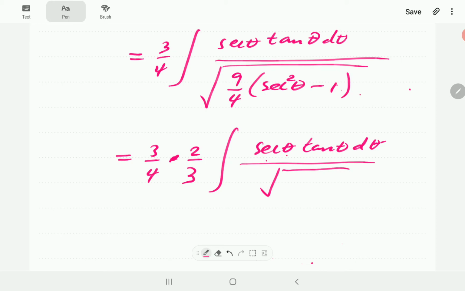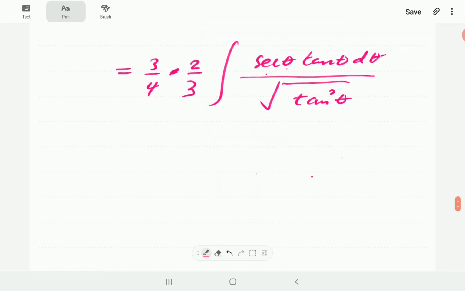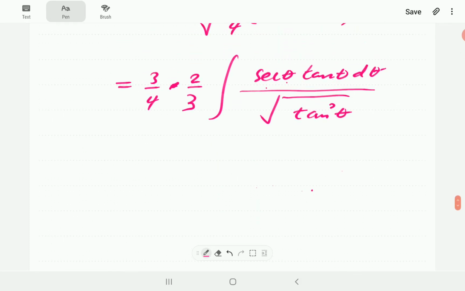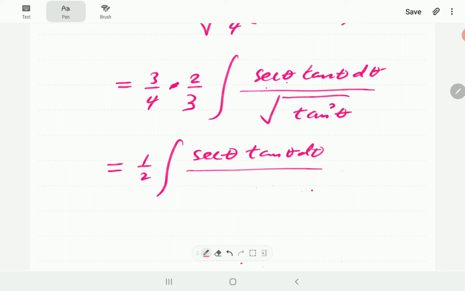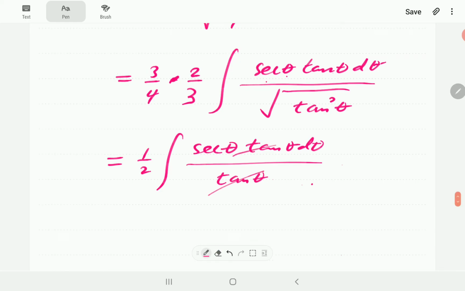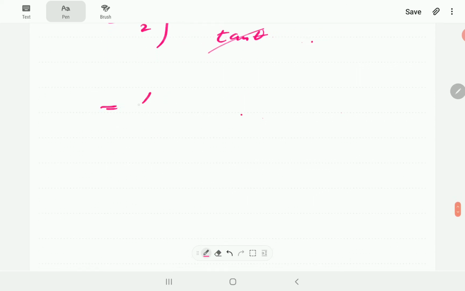And then secant squared minus 1 is tangent squared theta. So that means the denominator is simply tangent because it's the square root of tangent squared. This is going to work out to 1/2 the constants. So secant theta tangent theta d theta all divided by tangent theta, and then tangent theta we can cancel out.